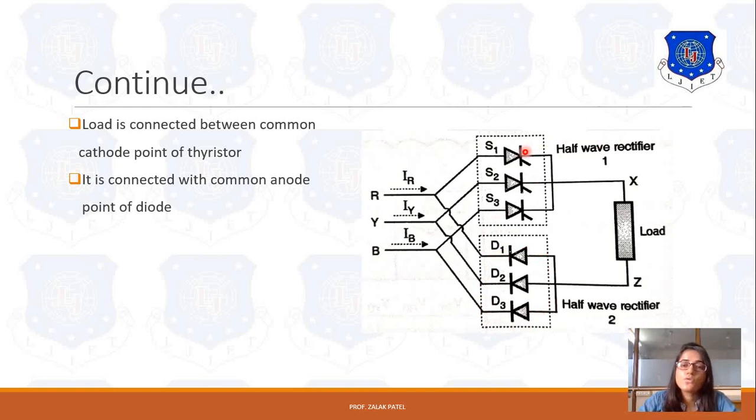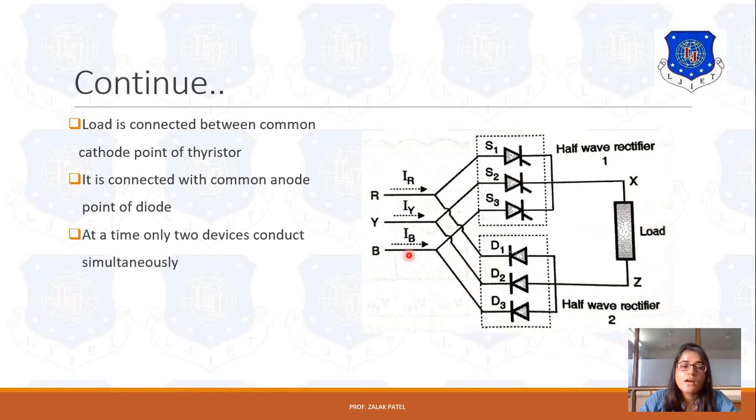So here you can note that these cathodes are connected with the load terminal, and from the diode rectifier you can see that the anodes are connected with the load. So this type of configuration can also be redrawn from the semiconductor of the three-phase circuit.